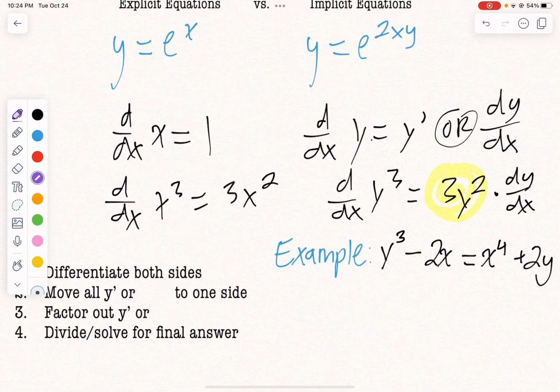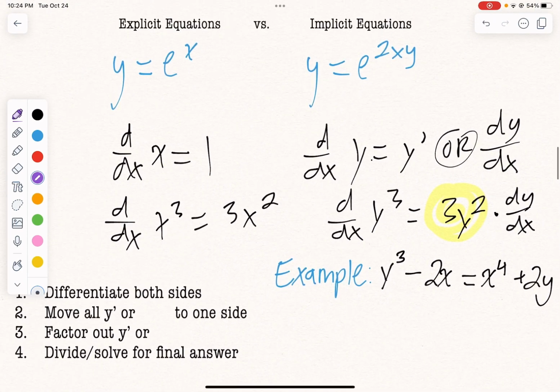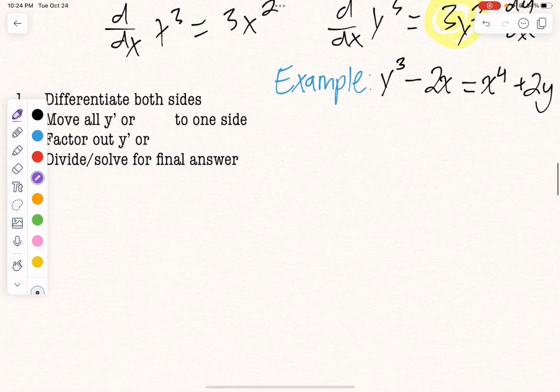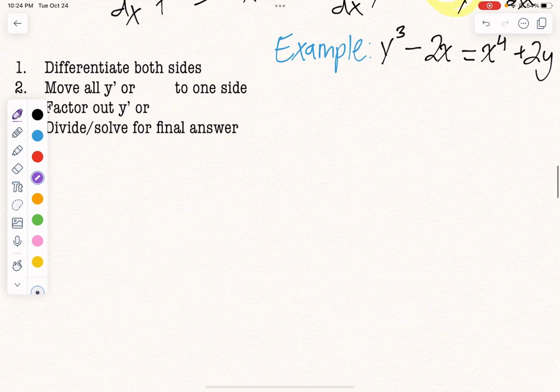Alright, so the first step is to differentiate both sides. We'll have 3y squared times dy dx, again, or y prime. I just prefer to use dy dx, and I'm doing this in purple.